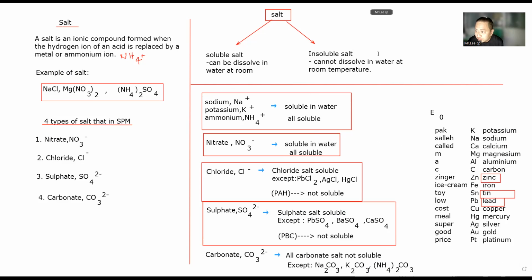So you only learn these four: nitrate, chloride, sulfate, and carbonate. That one is the cation one, right? I mean the first one: potassium, sodium, ammonium.